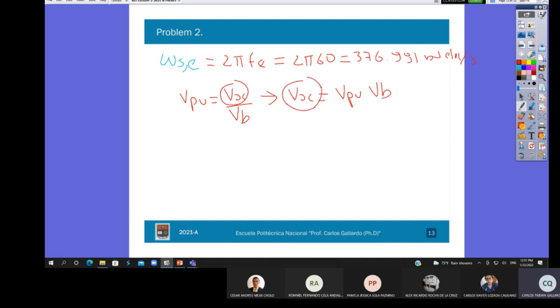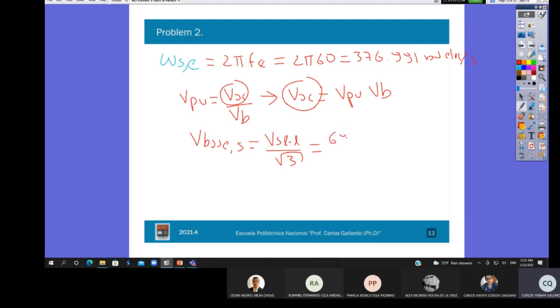Therefore I need to select a base. So I will have the base voltage, with subscript S due to the stator, equal to the line-to-line voltage. What I need is the line to neutral voltage. That is the reason for dividing over the square root of 3.